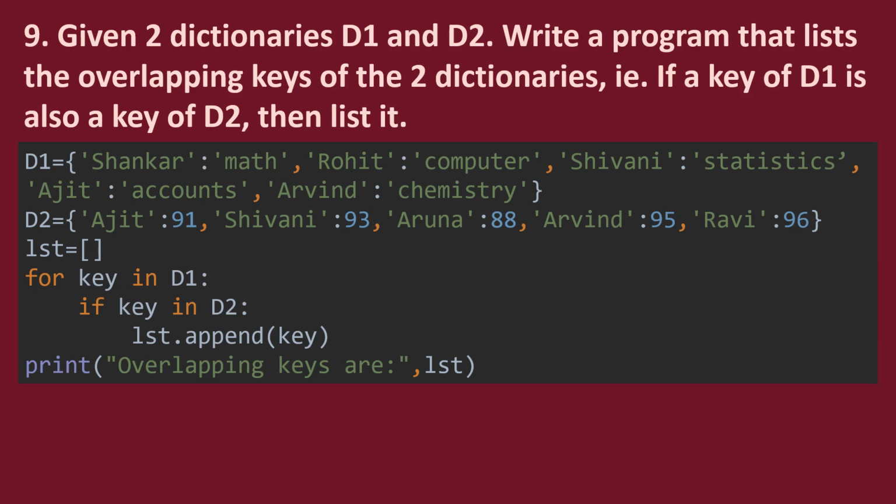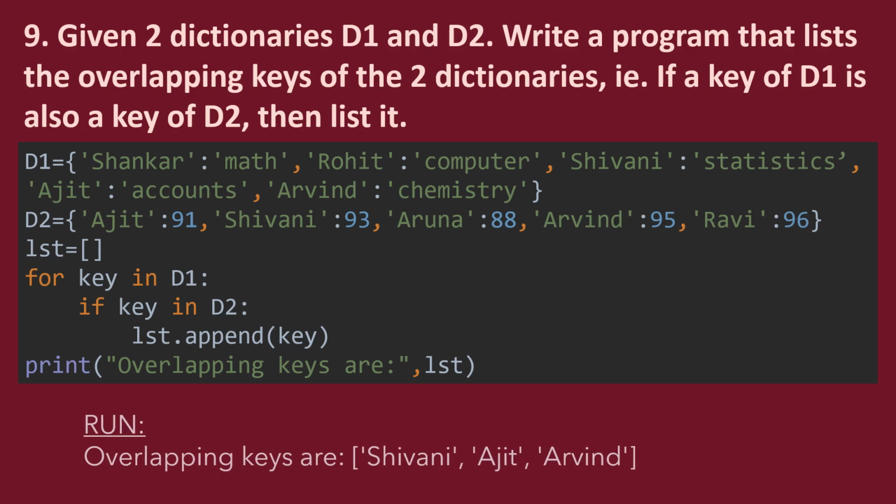So it will check the first key present in D1 and it will search whether that key is in dictionary D2 or not. If it is present, then it has to be appended to the list LST. Then at the end of this loop, we get the overlapping keys in LST. Now, once you run it, you'll get the output like this. The overlapping keys are these. These are the keys which are present in both the dictionaries.